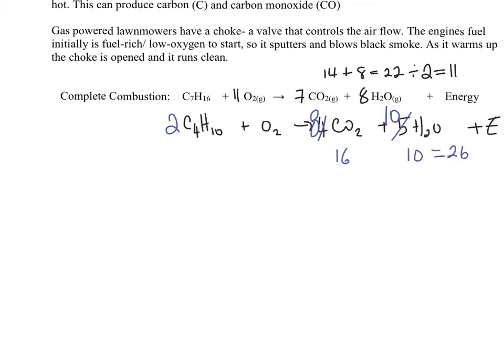So 26, divide by 2 for the O2, and we've got 13. So when you're balancing hydrocarbons, if you end up with an odd number of waters, go back and double your hydrocarbon reactant, and then you'll end up being able to balance with whole numbers.